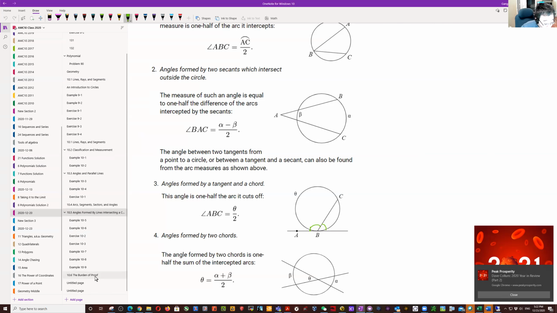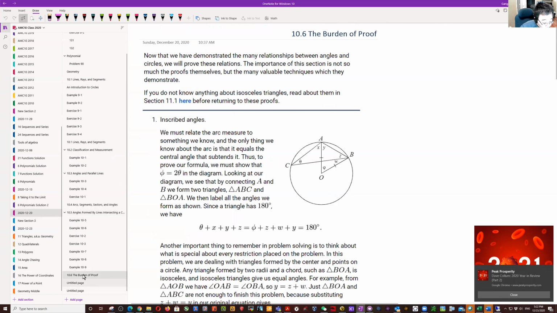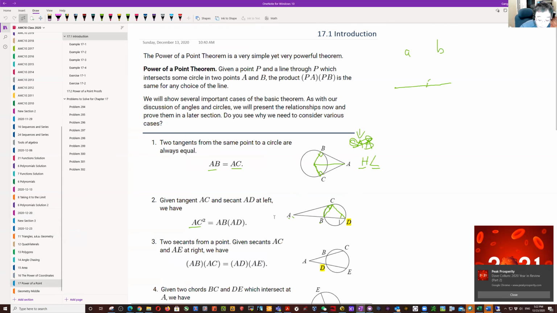So the key point here is that this is the angle, and this is the chord. This is the tangent, and the chord it's facing. The angle is just 1/2 of the arc size. This is also 1/2 of its arc size, and this is a shared angle. So by similarity, they are similar.